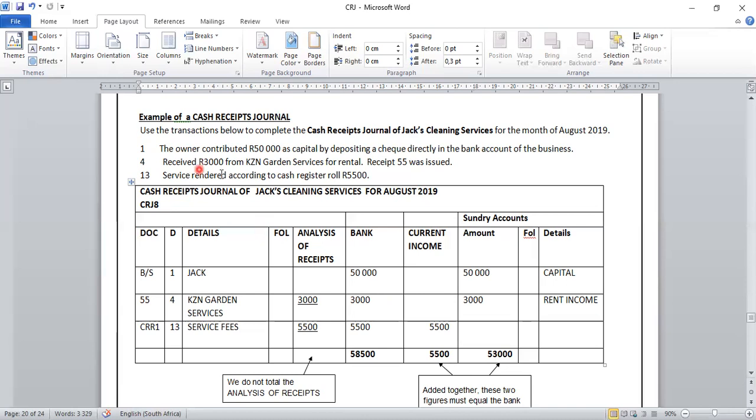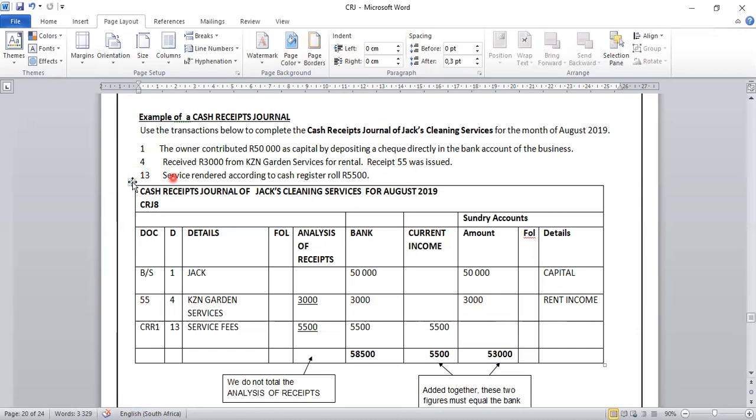It's because a tenant paid us. As we said, received 3,000 from KZN Garden Services for rental. So we're receiving money for rental. Since it's not for services, we go straight to our sundry accounts column, where we put the amount of 3,000, and the reason will be rent income.